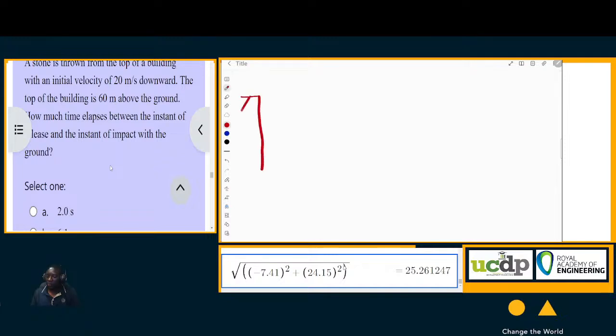With some of these questions, I like to have a picture. So we have our ground, we have the stone thrown, and this is 20 meters per second downward, and the height of this whole setup is 60 meters.